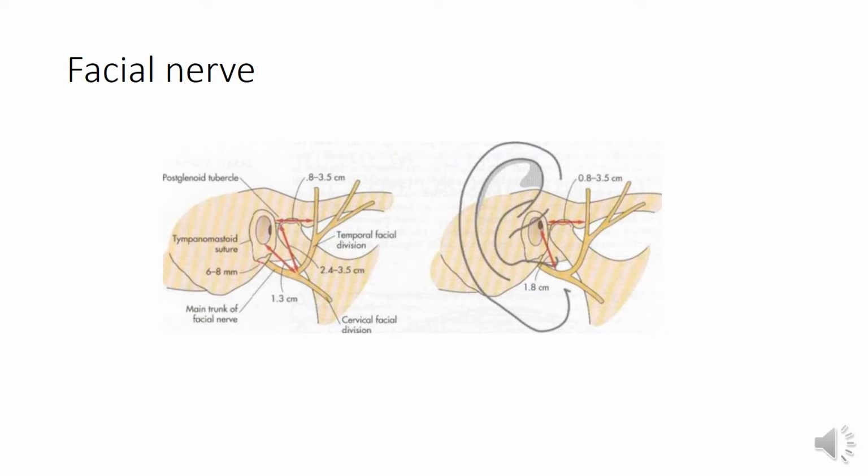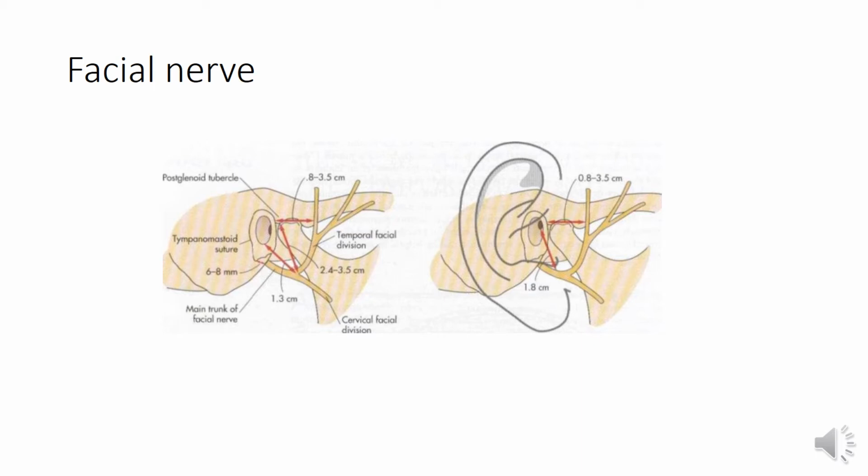The next important structure is the facial nerve. You all know the facial nerve exits through the stylomastoid foramen. From the stylomastoid foramen, it enters the gland and gives off branches. You can see the branches, cervical and temporal.